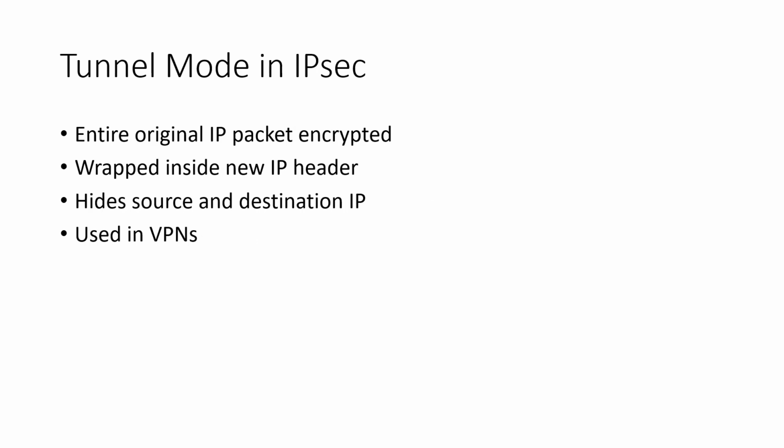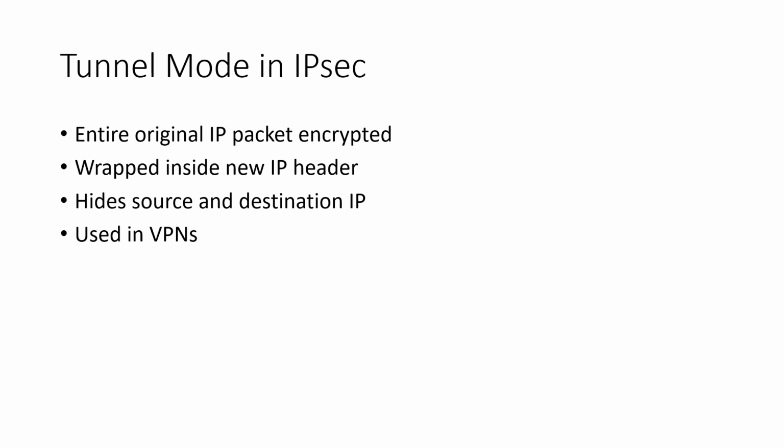IPsec also has two modes of operation. One is the tunnel mode, and in tunnel mode, IPsec encrypts the entire original IP packet, including both the header and the payload. The encrypted packet is then encapsulated within a new IP packet.